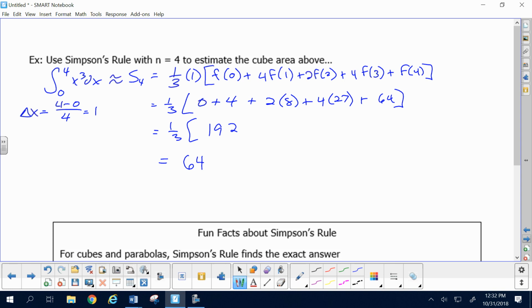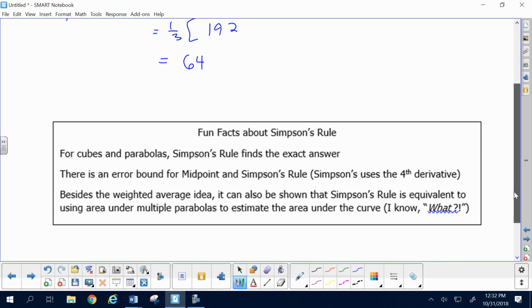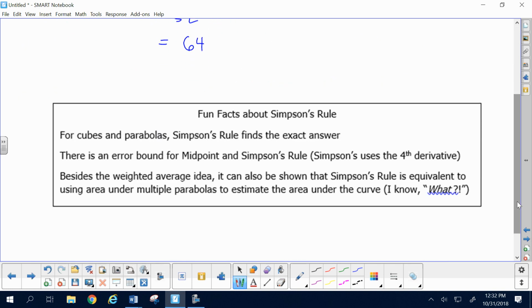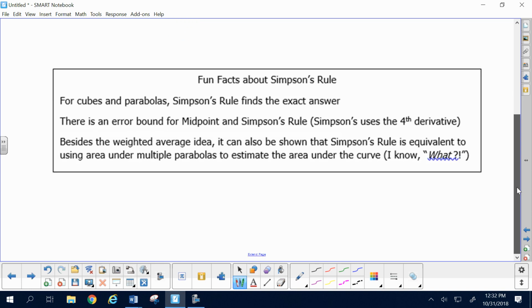All right. Now, a couple of fun facts about Simpson's rule. First of all, I told you Simpson's rule finds the exact for cubes and parabolas. There is an error bound for Simpson's rule, and it actually uses up to the fourth derivative for the error bound. But this is so cool. This is my favorite part. This usually comes from weighted average, the idea of weighting your averages.